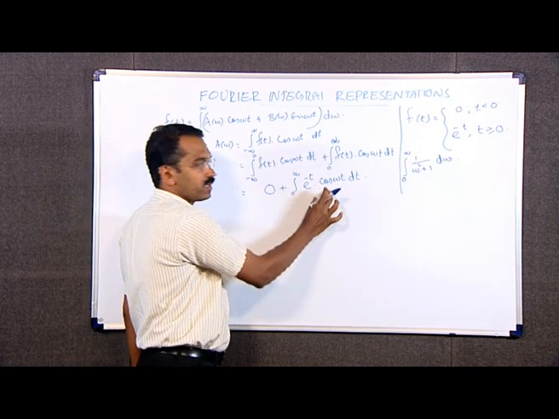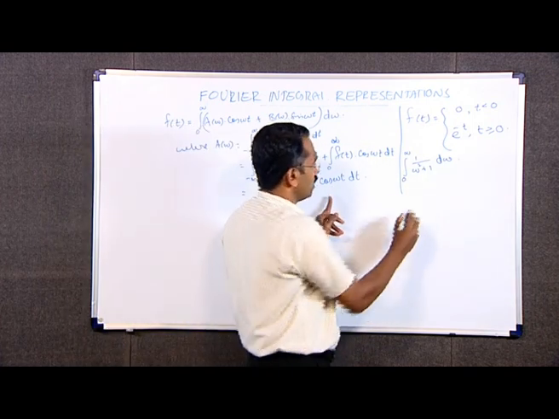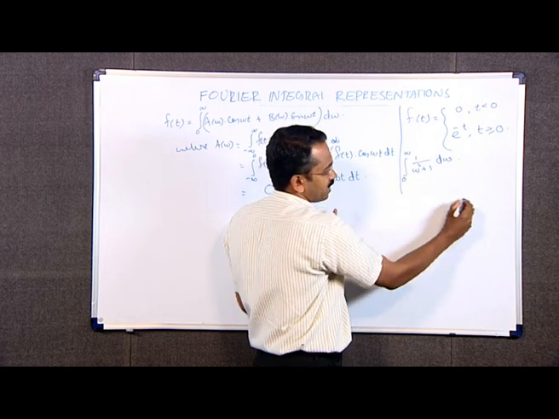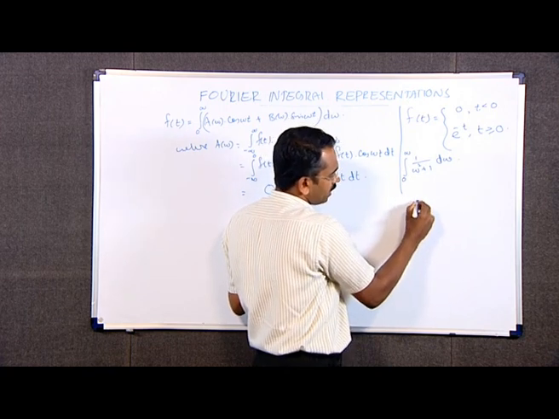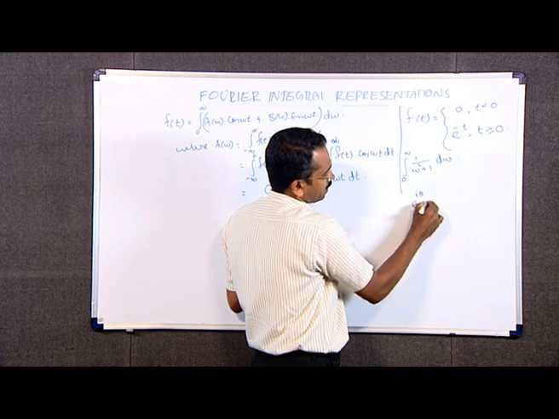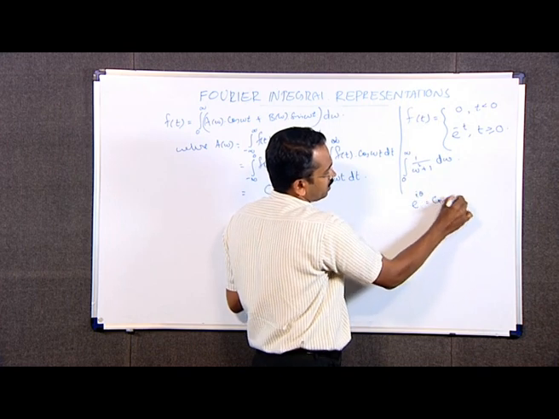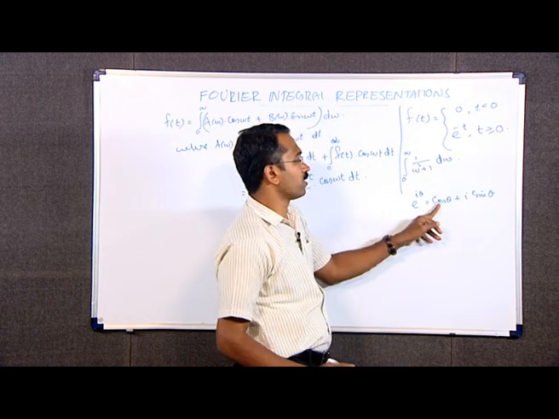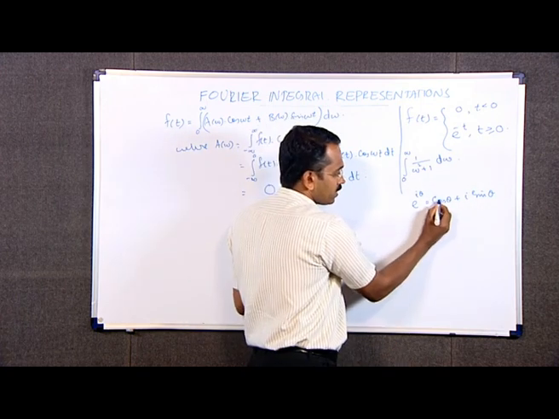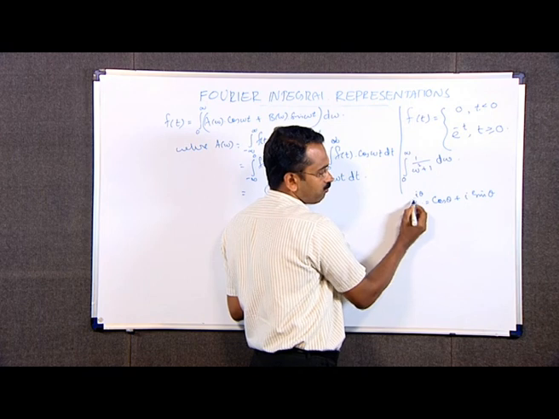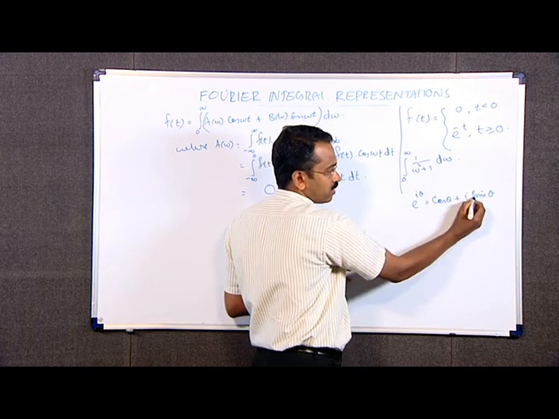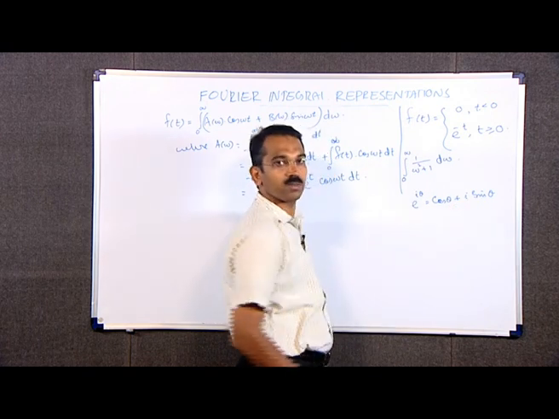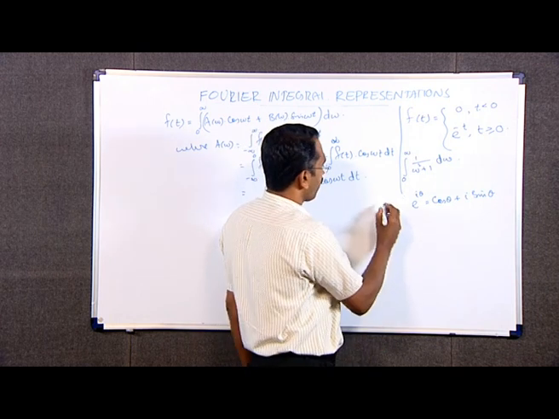To evaluate this integral, consider cos omega t. As we have e raised to i theta equal to cos theta plus i into sin theta, that is, cos theta is the real part of e raised to i theta and sin theta is the imaginary part of e raised to i theta.